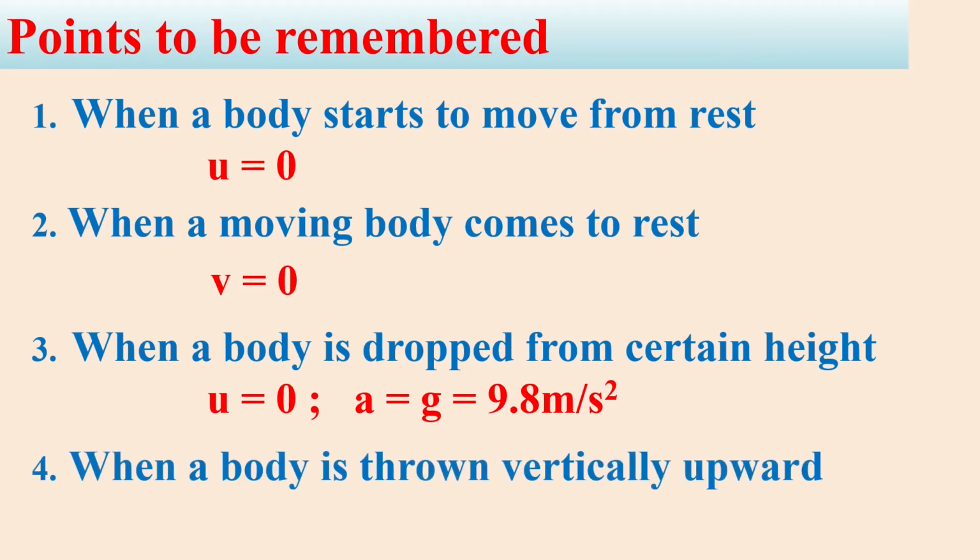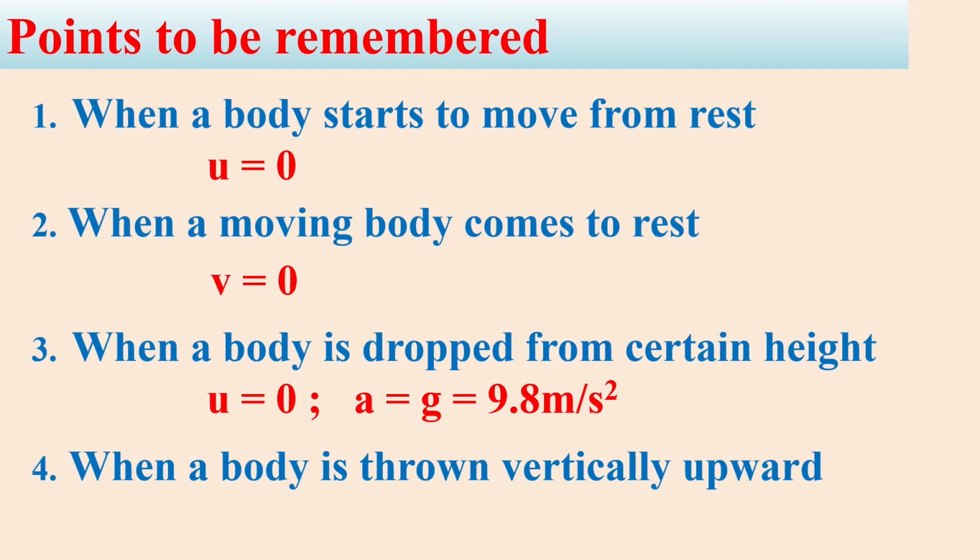In the same way, let's say a body is thrown vertically upward. Say we have a question: a body is thrown vertically upward with the velocity of 20 meter per second. How high does it go up? Now the question gives only one piece of information, just initial velocity, but two pieces of information are hidden here.